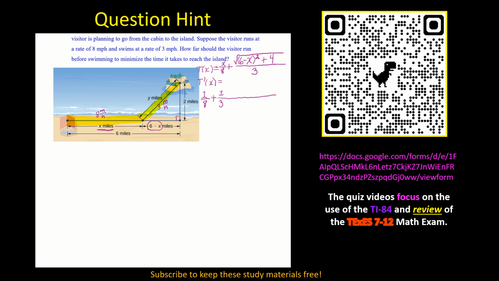But now we have our square root. We need to find the outside. We're using the chain rule, so we're going to go outside in. I can tell you right now that that square root can be written as the quantity (6 minus x) squared, plus the 4, in brackets, to the half.